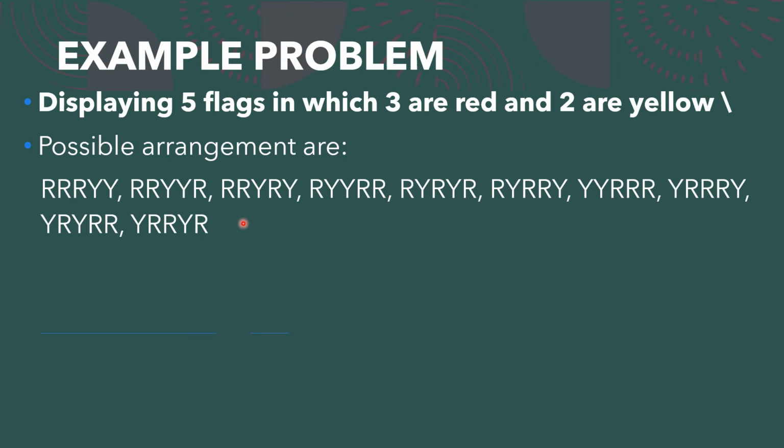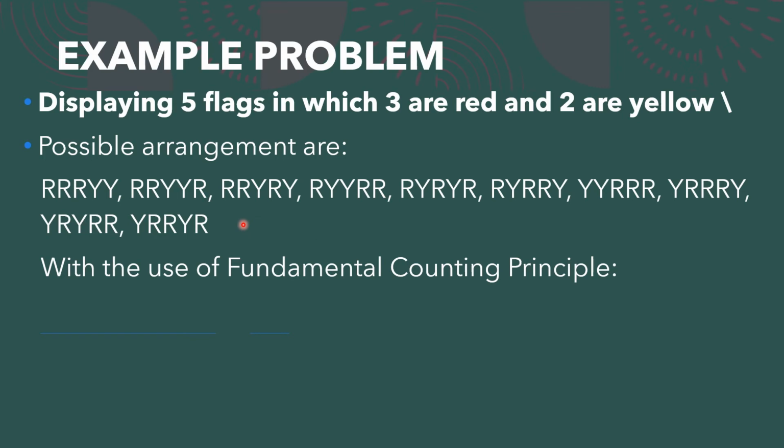So, check natin using the fundamental principle of counting. Una, dahil 5 flags, meron kang 5 times 4 times 3 times 2 times 1 which is equal to 120. Pero dahil meron kang 3 identical red flags, i-divide natin siya sa 3 times 2 times 1. Same din dahil meron kang 2 yellow flags, isama mo yung 2 times 1 or yung 2 factorial.